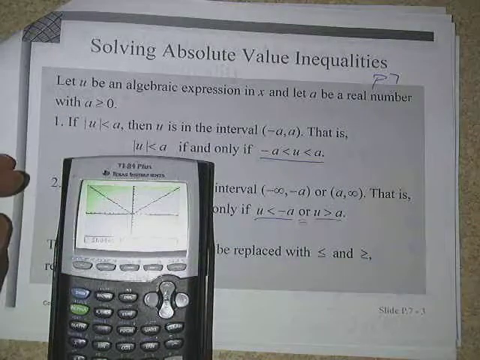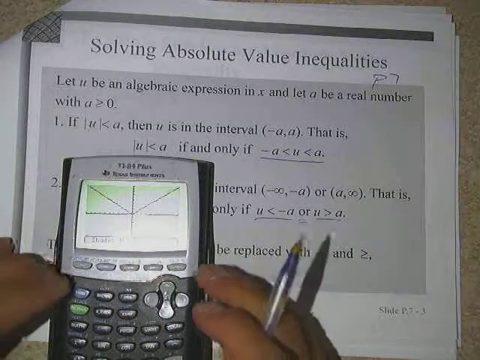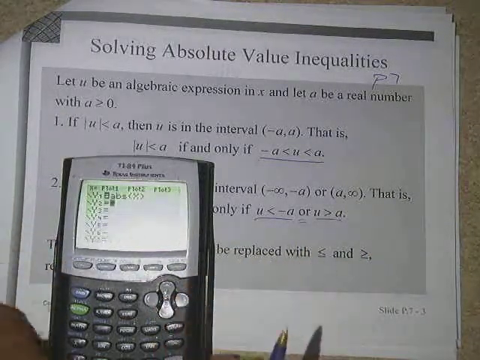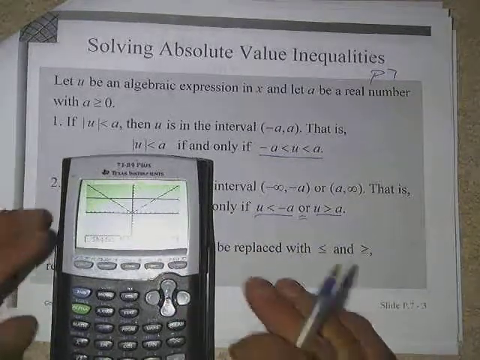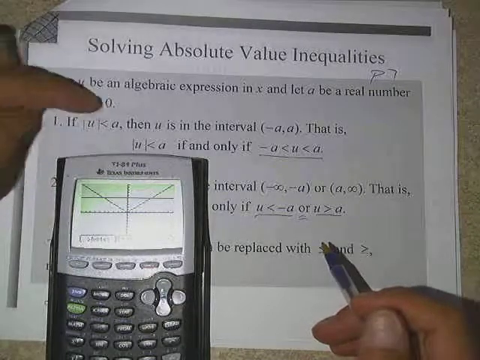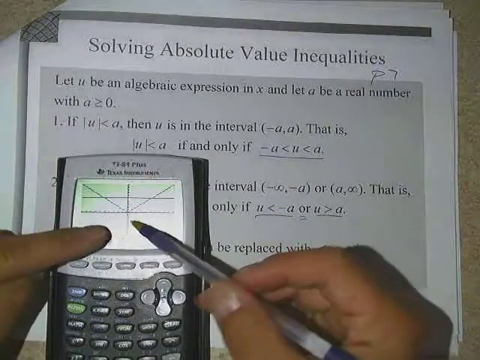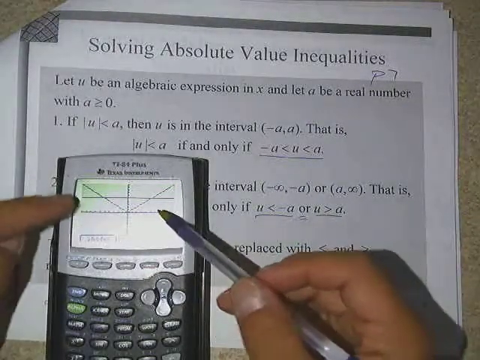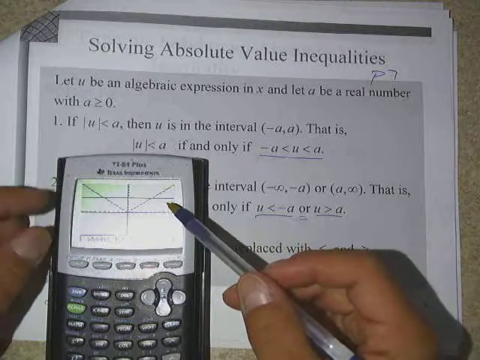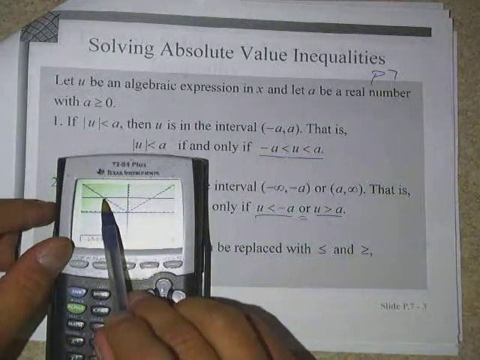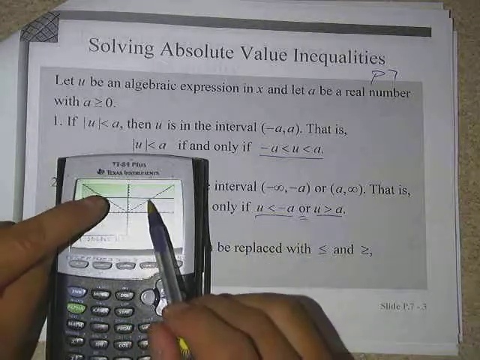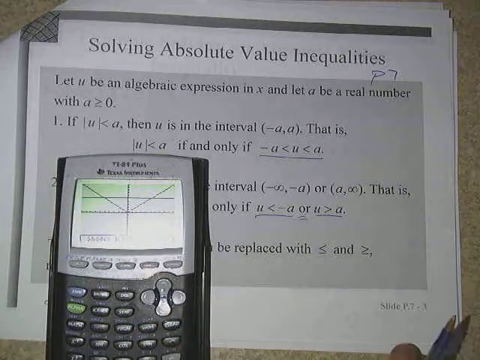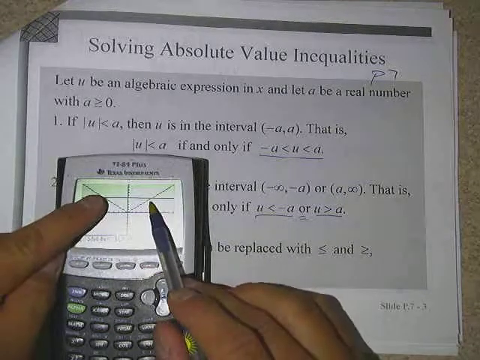Now if I had that function and I want to know when it was less than a certain number, like say if it was less than 5, if I were to graph both of those on the same coordinate plane, my question is, when is this curve less than this curve? Well, the left curve is a V, and the right curve is a horizontal line. So wouldn't it be less than that from this point to this point? So the key issue would be, can I find those two points?